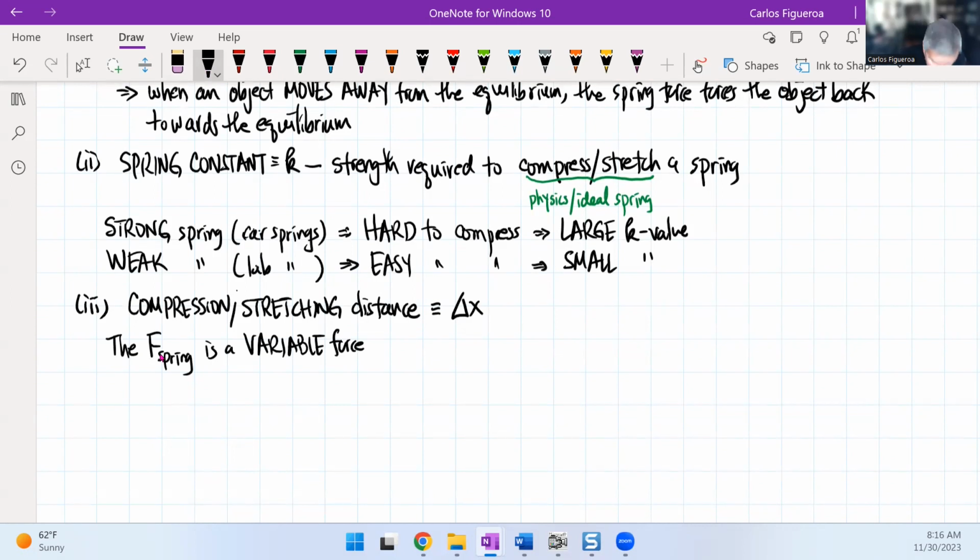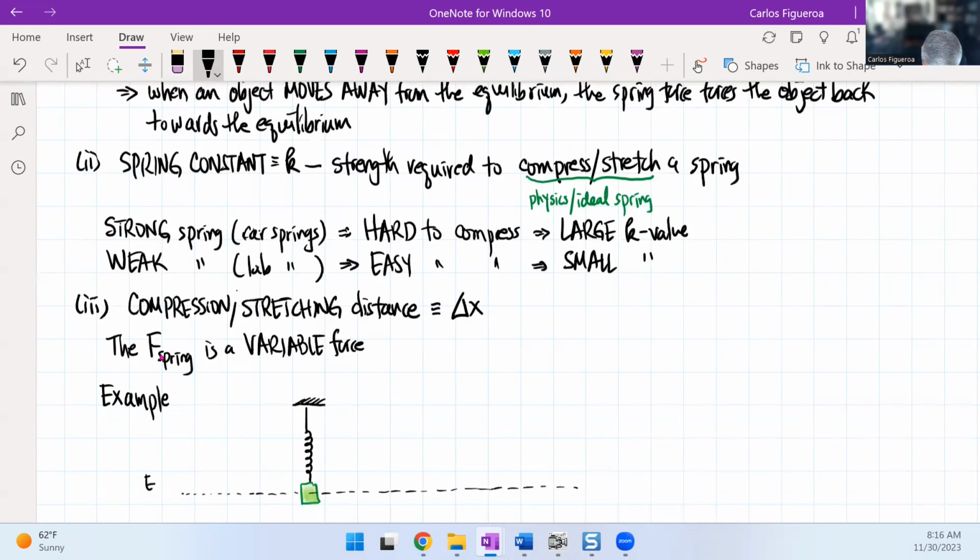So to show you what I mean by that, you already have experience with this. What we said last time here is that imagine that I have a spring attached to a mass like this. So if I hang this spring here, there's a point here which we call the equilibrium point.